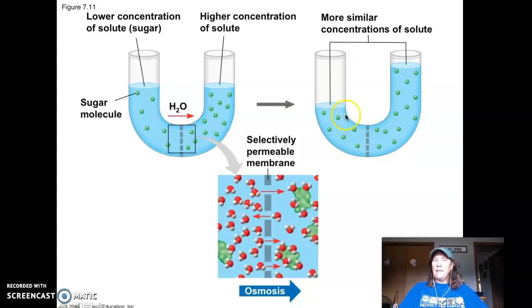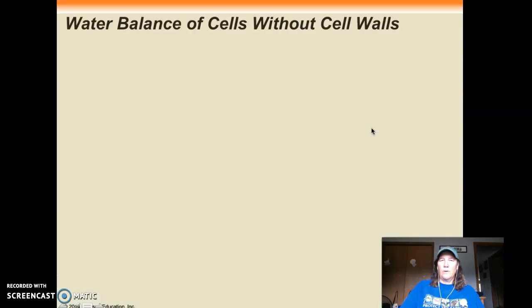So now you can see they're kind of evenly spread out, but there's more water on this side, okay? That's how it makes the concentrations the same on both sides. So water will move through osmosis to make sure that the concentration is even on both sides. That's called osmosis. Osmosis is like diffusion, but it's only water we're talking about, okay?